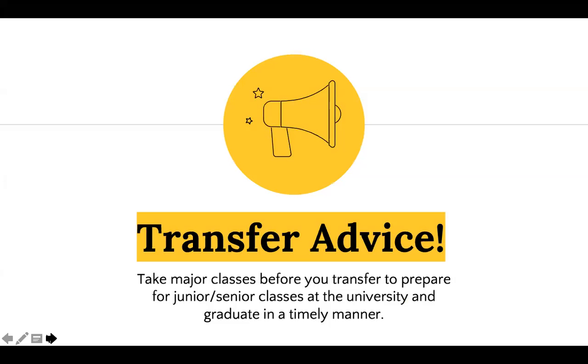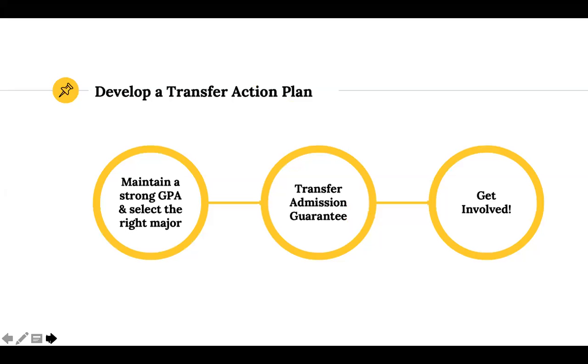And just some transfer advice, as you meet with your counselor or transfer specialist, make sure to select classes that will prepare you to finish as much as you can of your major, at least the lower division level courses, so that when you transfer to the university, you mainly focus on the last set of courses that you need to finish and you graduate in a timely manner. And so this will be sort of what would go into your transfer action plan.